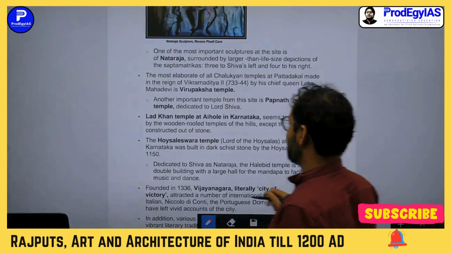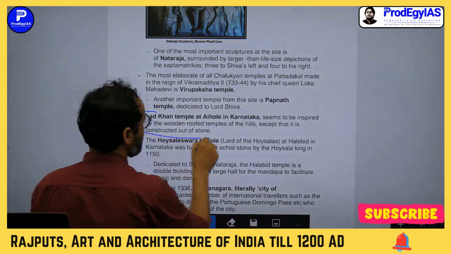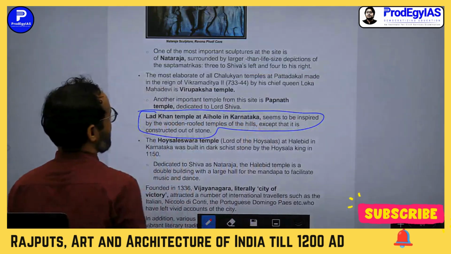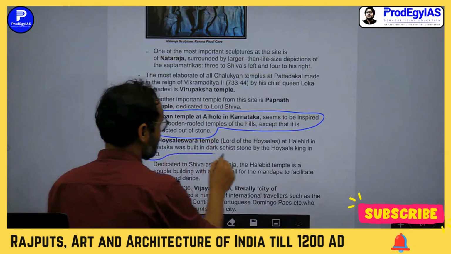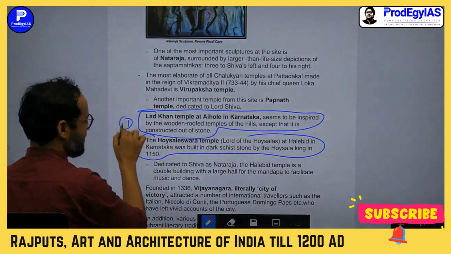Also, we have written this temple too, but you might have forgotten. This temple is very important. You have written it in your notes also, but just write these two, 1 and 2.